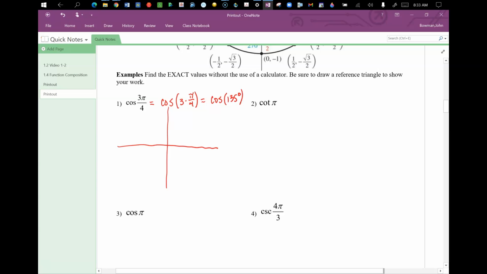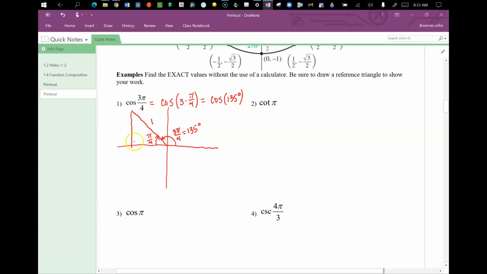Remember, we're starting in standard position, the positive x-axis. We are rotating counterclockwise till we get to a 135-degree angle. So here's our 3 pi over 4 or 135-degree angle. And then we're going to draw a reference triangle here. So there's our other pi over 4, and we're going to make the hypotenuse 1.